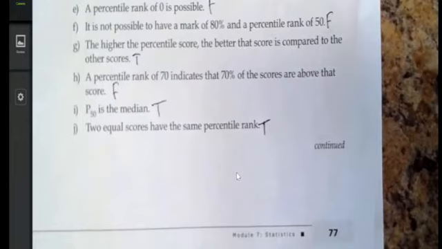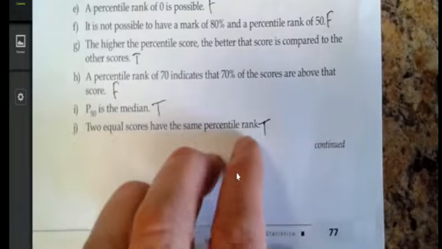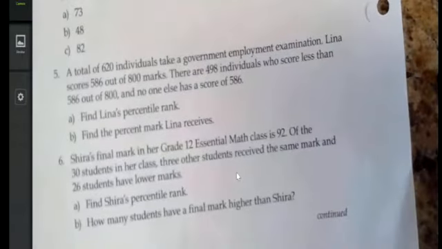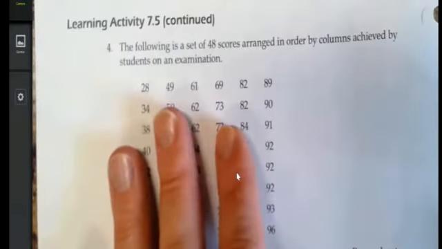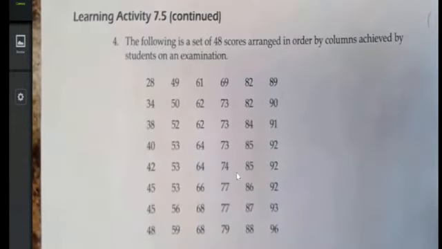We're going to be looking at next on page 78, 5 and 6. We've already done an example like this one, number 4. So we leave that, did that, and look at 5 and 6.